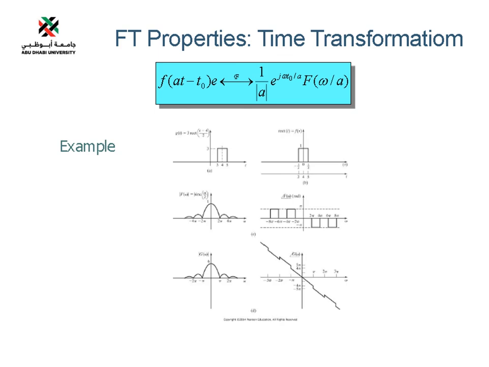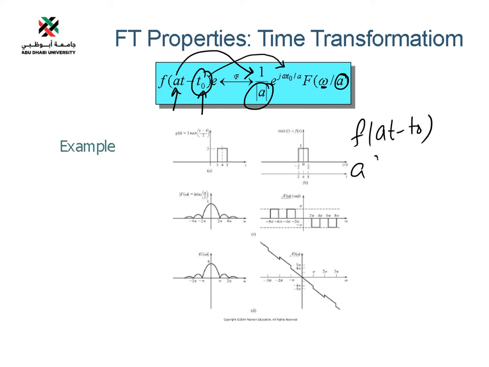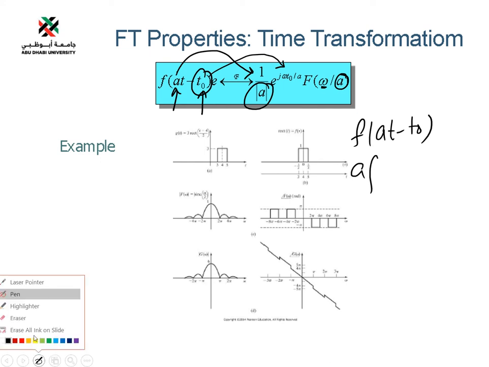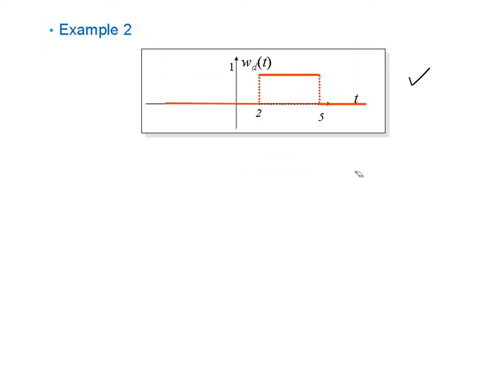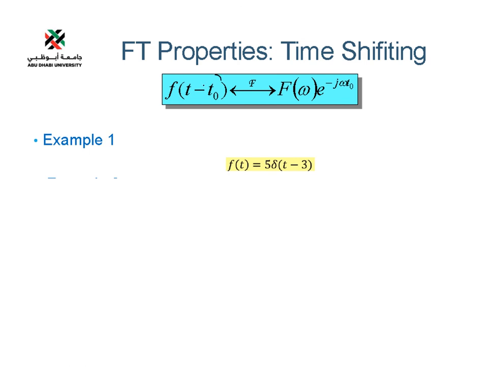The rule is the same. The general rule is, if we have time scaling and time shifting, for the time scaling it will be divided by that factor, and omega will be divided by that factor, and for the time shifting we will just multiply with e to the power j omega t naught. But here the important thing is we generally have f of a t minus t naught. The general factor is that t naught we multiply with e to the power minus j omega t naught.